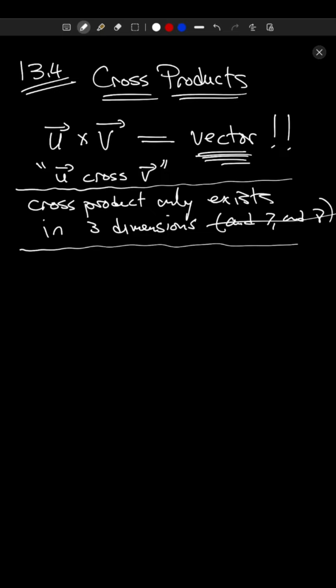Okay, so there's again going to be 2 kinds of definitions of the cross product. We're going to have a geometric definition, and we're going to have a more computational or algebraic definition. With the dot product, I started out with the algebraic one because that's the one that is more natural.